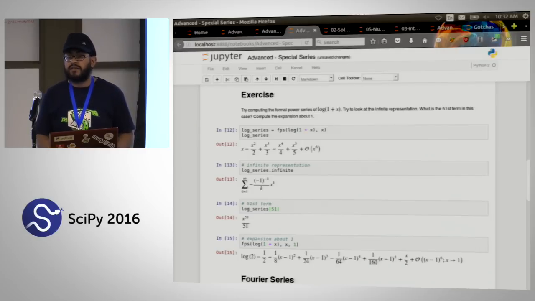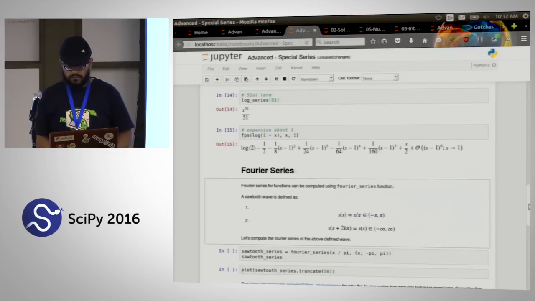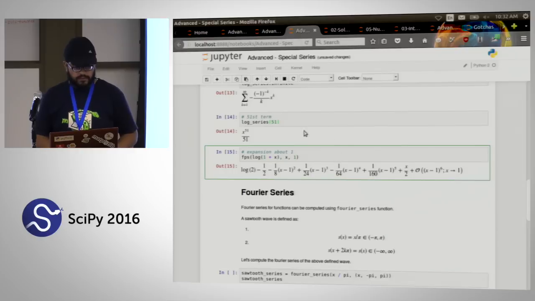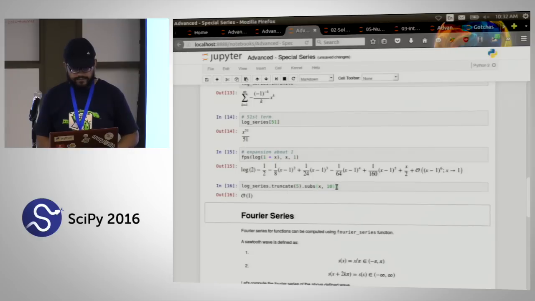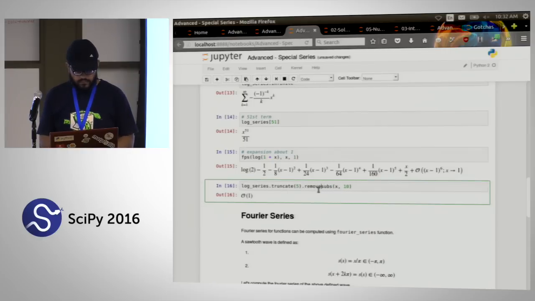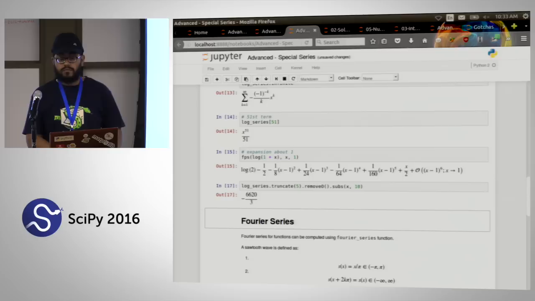So that's the mathematical definition, but subs and everything will work here. So just for an example. So that works.